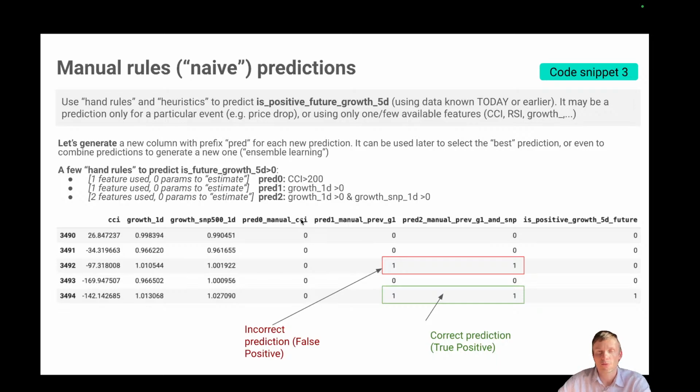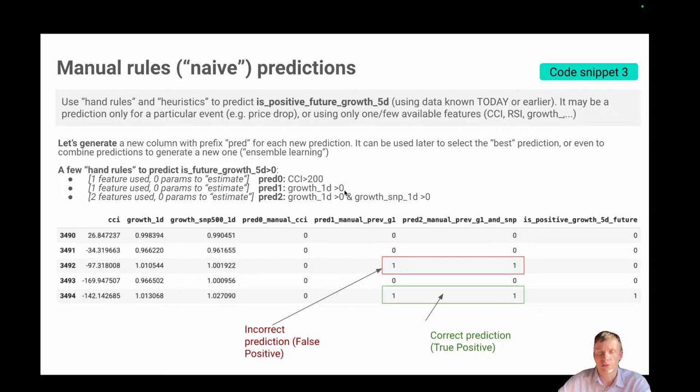But when you're done with these predictions, you will have 3 prediction columns. So prediction 0 is CCI more than 200. We saw this. It's a rare event, not many times it happens, and most of the times it will predict 0. Then another prediction, growth one day is more than 0. Actually, it should be more than 1 here, because we have a distribution of growth around 1.